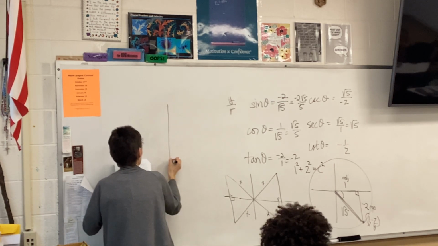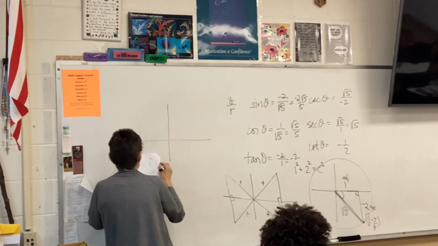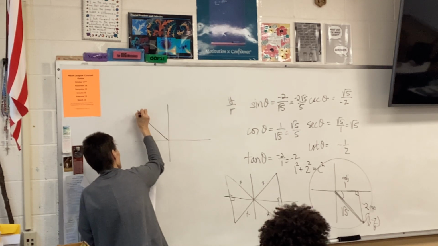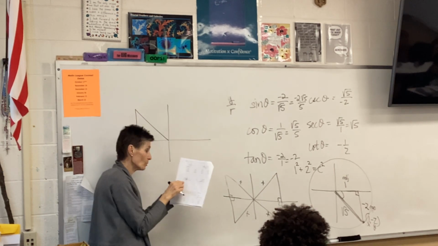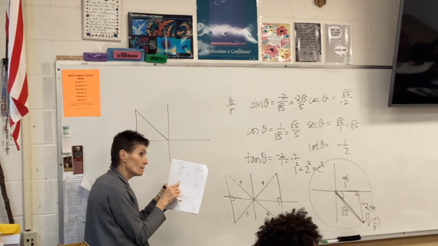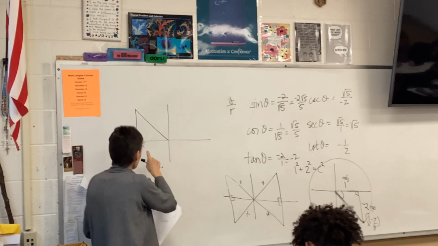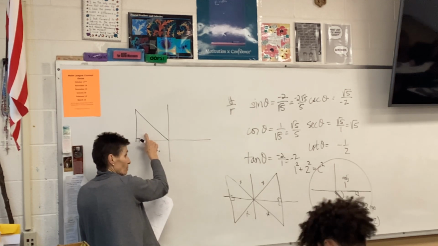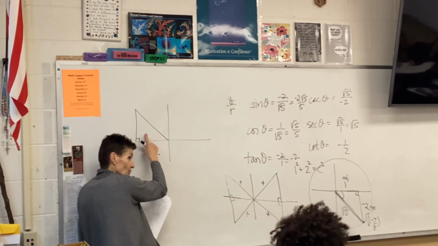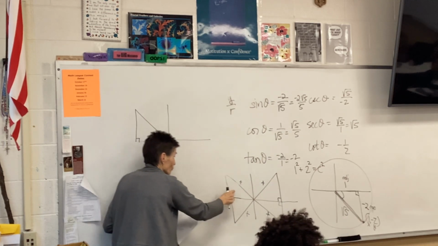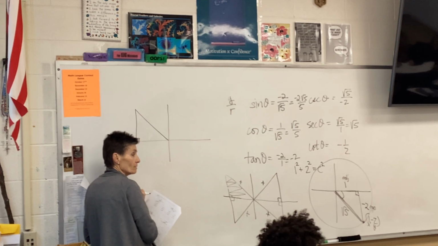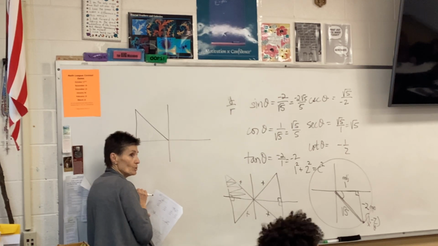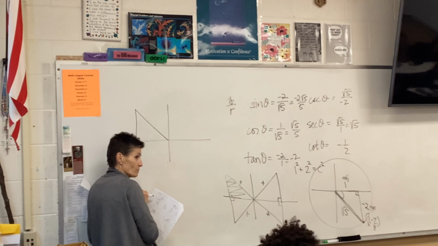For this problem, go ahead and draw your triangle. I don't care, you can go ahead and use mine, that's fine. But understand that this problem is in quadrant 2, and so the triangle you draw has to look like that shaded one right there. That's the quadrant 2 butterfly bow tie triangle.